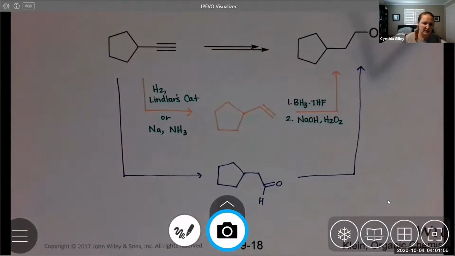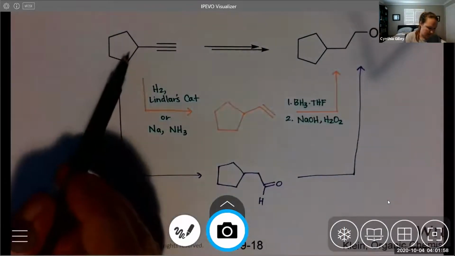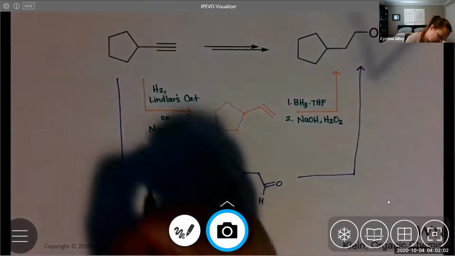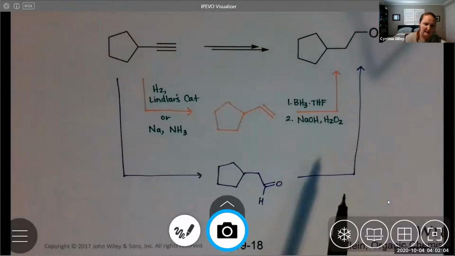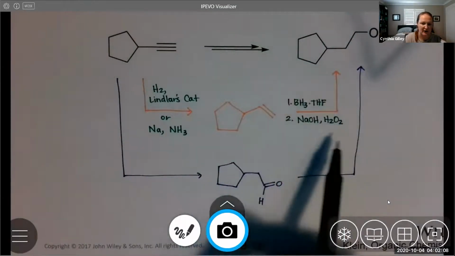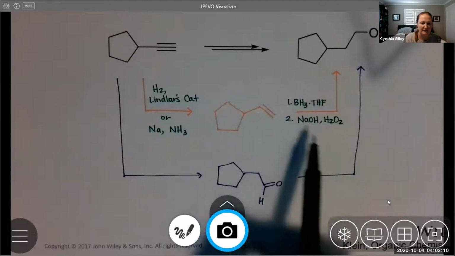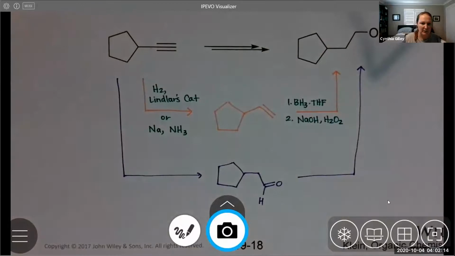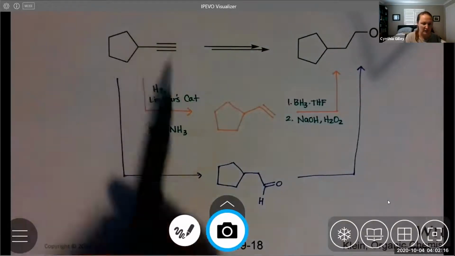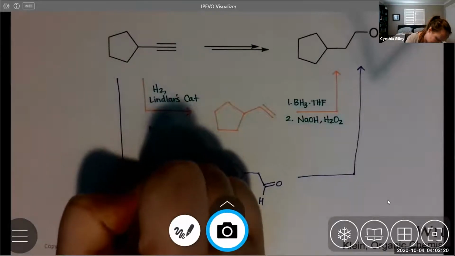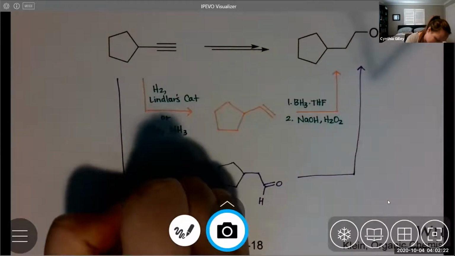So the conditions to form an aldehyde from a terminal alkyne, those are hydroboration oxidation, because again, that's an anti-Markovnikov hydration that forms an enol that tautomerizes to an aldehyde. But instead of using borane, we're going to use the bulky borane. And we do that when we're starting with an alkyne. So 9-BBN in the first step and the same second step.